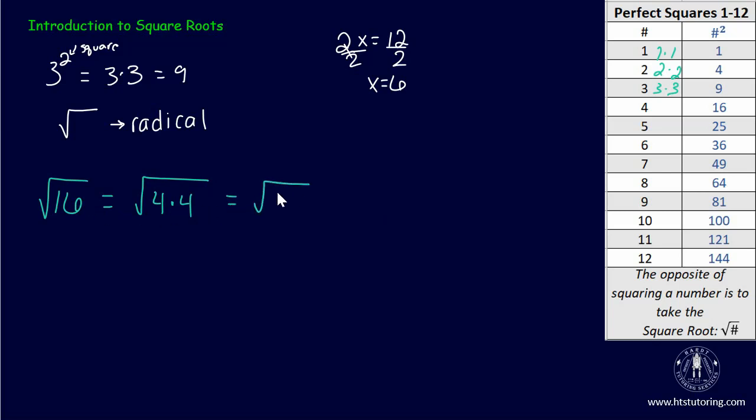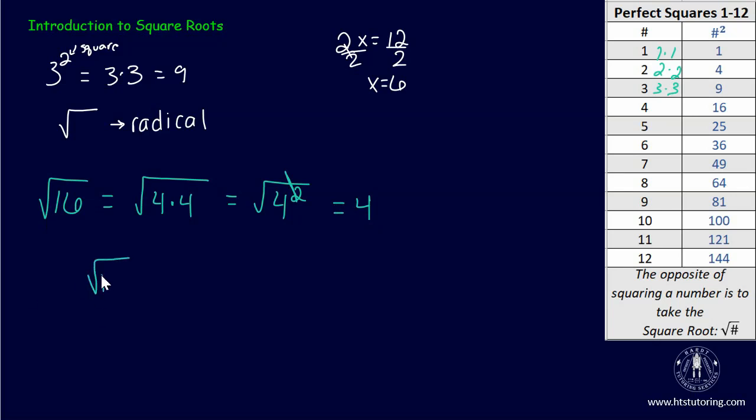I can rewrite that as the square root of 4 squared, because there's 2 4s being multiplied, so it's 4 squared. I can write it with an exponent. We said that the opposite of squaring a number is to take the square root. That also means that the square root and a square cancel each other out. And so I'm just left with 4. The square root of 16 is 4, because if I square 4, I get 16.